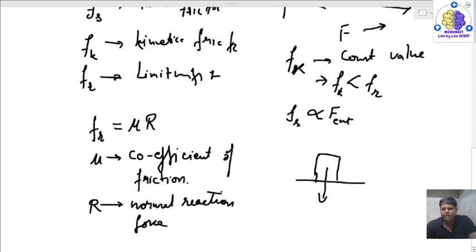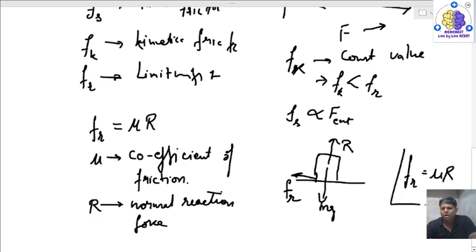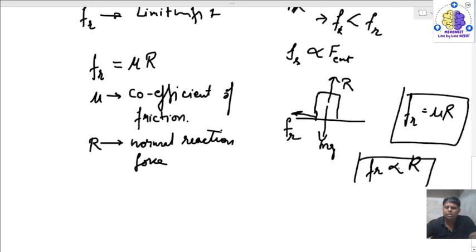So, if a body is placed on a surface, it applies its weight mg in the downward direction and experiences a normal reaction force in the upward direction. So, if it is experiencing any frictional force Fr, this Fr will be equal to mu into R. That is, the frictional force is directly proportional to the normal reaction, right?